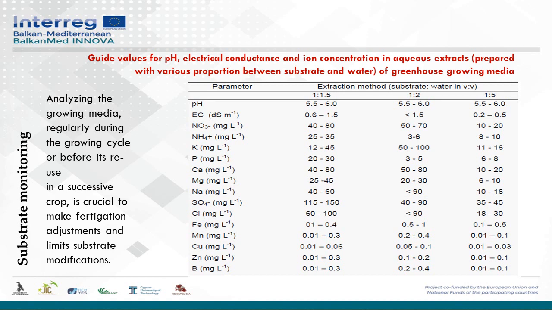And here you can find in this table some guide values regarding the pH, the electrical conductivity, ion concentration of greenhouse media, and then to use them as reference values for the further use of substrate or not.